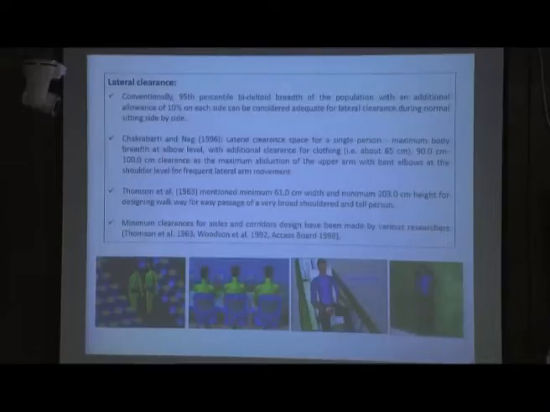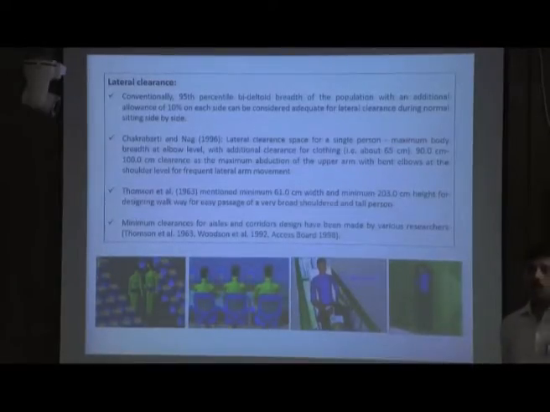So if we want to evaluate this one, then what we need to do? We need to put two digital human models or mannequins of larger body dimensions, say 95th percentile. Then we can simulate their movement and check whether two persons going side by side have their body parts colliding with each other or not.